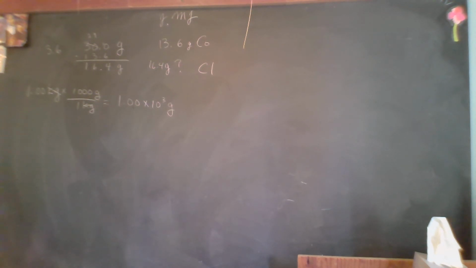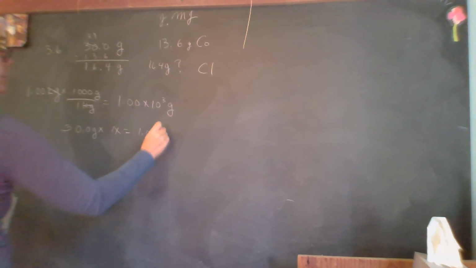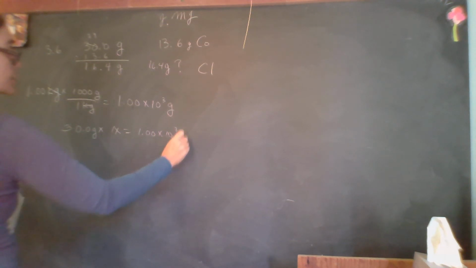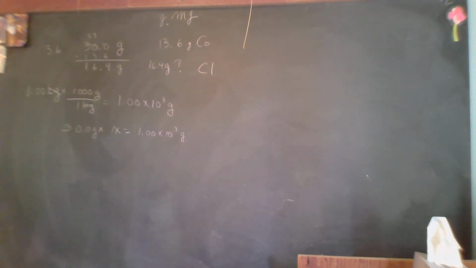Okay, so if that is the case, let's figure out our conversion factor from 30 grams to 1,000 grams. So we're going to take 30.0 grams times some number, and call it x, will give me 1.00 times 10 to the third grams. Okay, and let me just grab my handy dandy calculator.